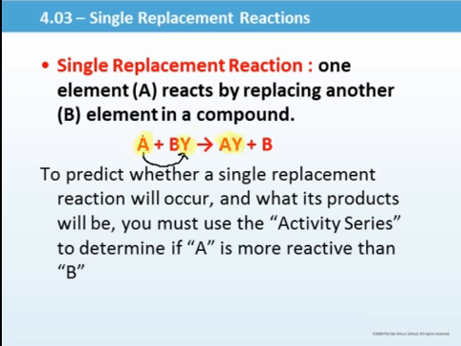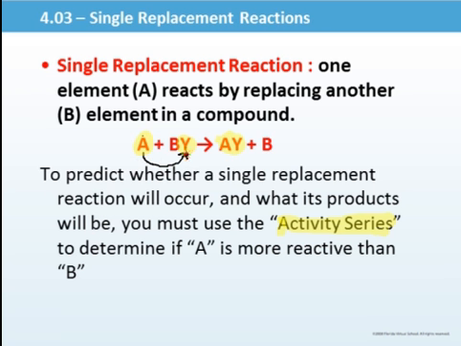The difference with single replacement is that since A is by itself, it has to form an ion. So we have to look at something new called the activity series in order to determine if A is reactive enough to form an ion and to form a bond with Y.